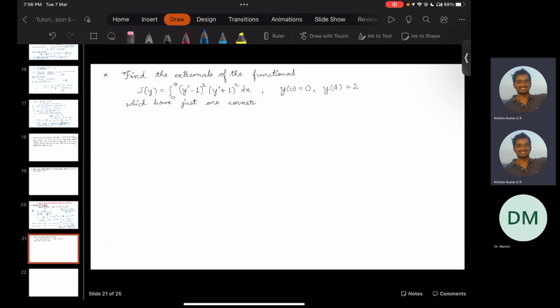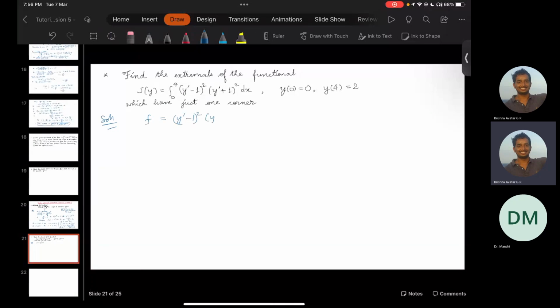So let's first write down the integrand of the functional. f is equal to y prime minus 1 whole squared into y prime plus 1 whole square.